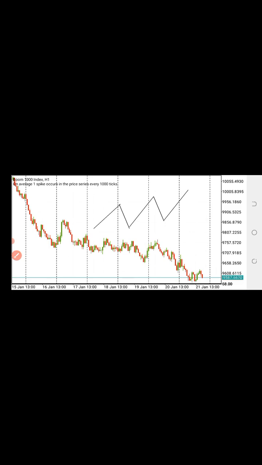Rather, you'll be seeing entirely different things like what we have here. And this is where the confusion starts from. This is different from what I read. This is what we call the textbook view of the market structure.